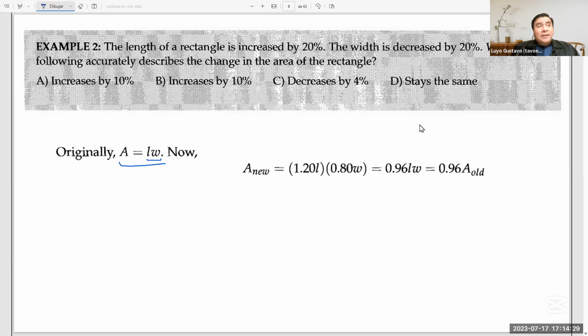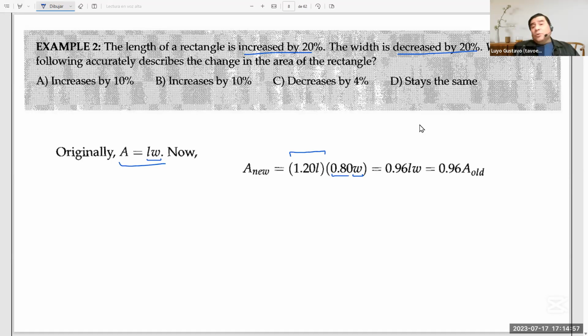The original length L increased by 20% could now be represented by 1.2 multiplied by the original length. Now, the original width was W. The new width is decreased by 20% regarding the original width, so it is the original width multiplied by 0.8.